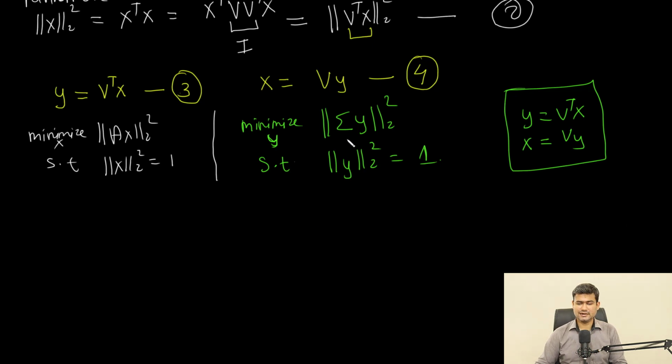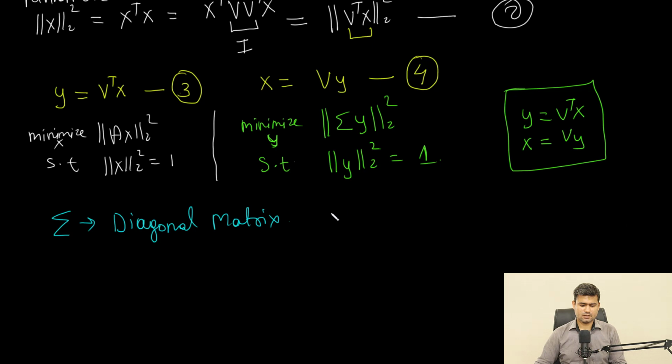So now we know that sigma is a diagonal matrix, with diagonal entries arranged in decreasing order.